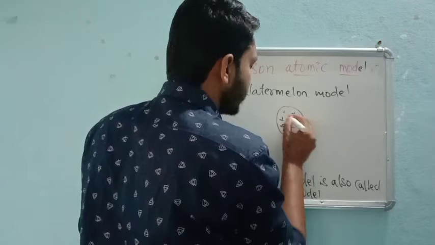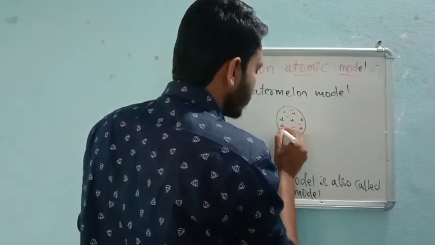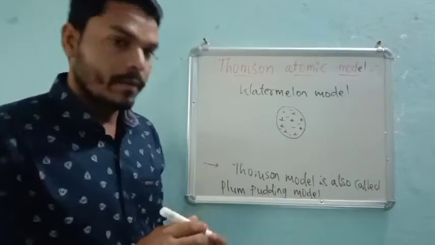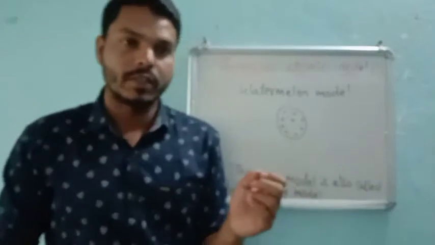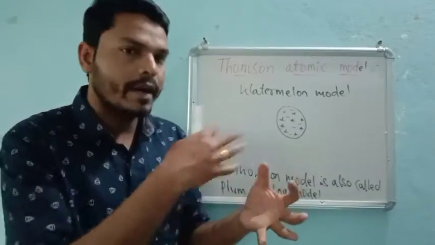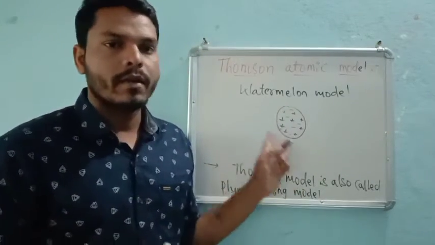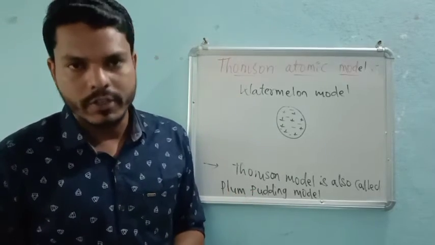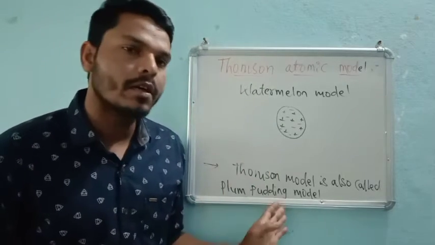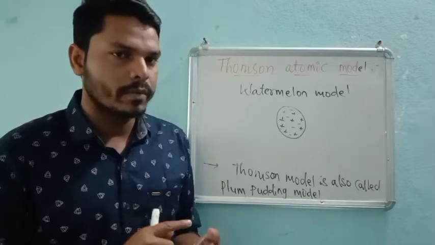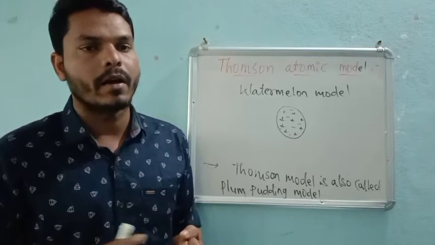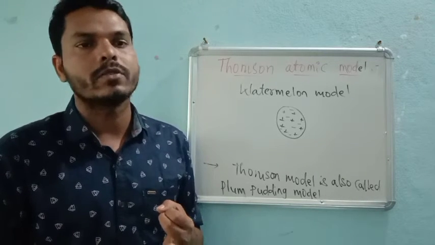Those seeds, he said, are negatively charged species, embedded in a closely packed manner with a stable electrostatic arrangement. Understood? This is the third point. So first of all, he assumed a spherical shape with a diameter or radius of 10 raised to minus 10 meter.